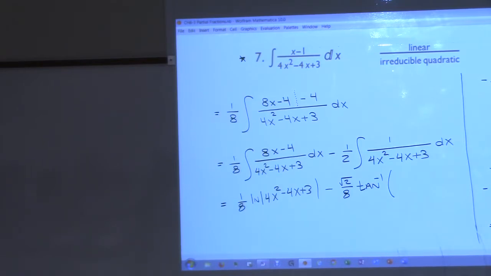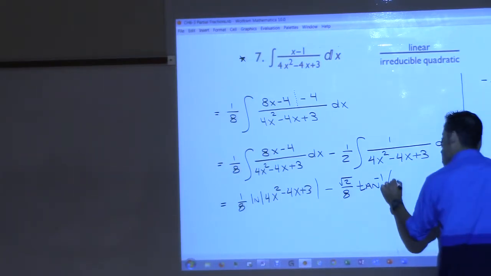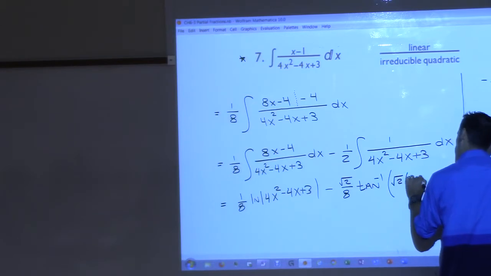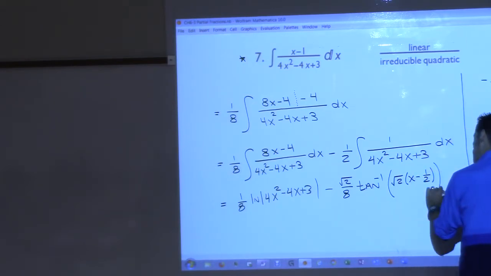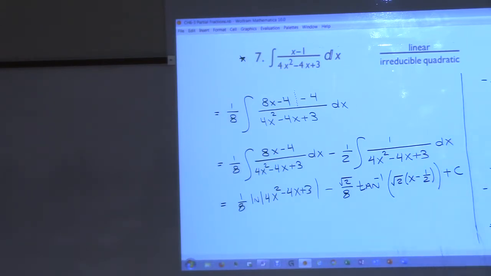You can flip the root 2 up, and the root 2 can go out in front of this thing. I think I'm going to do it that way. I'm going to write root 2 times x minus a half, plus c. And we're done.